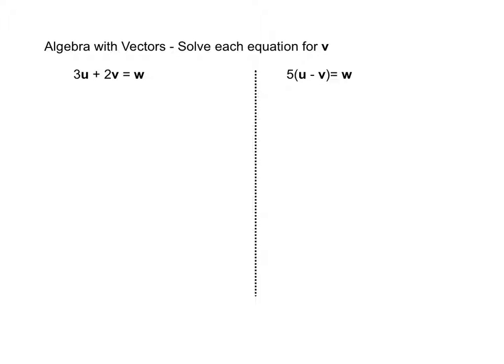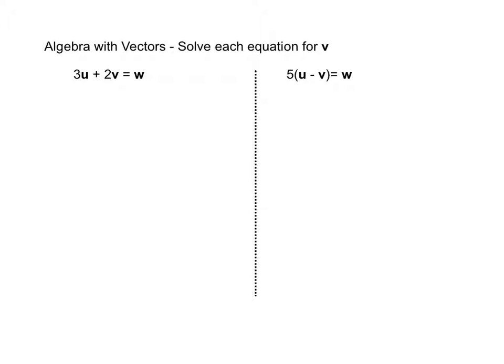Alright, so one of the things that we will do here a little bit is doing some algebra with vectors. And really the only difference between doing algebra with vectors and doing algebra with just variables is the fact that we don't technically have division. All we have is multiplying by the reciprocal of a constant, which is the definition of division anyways.